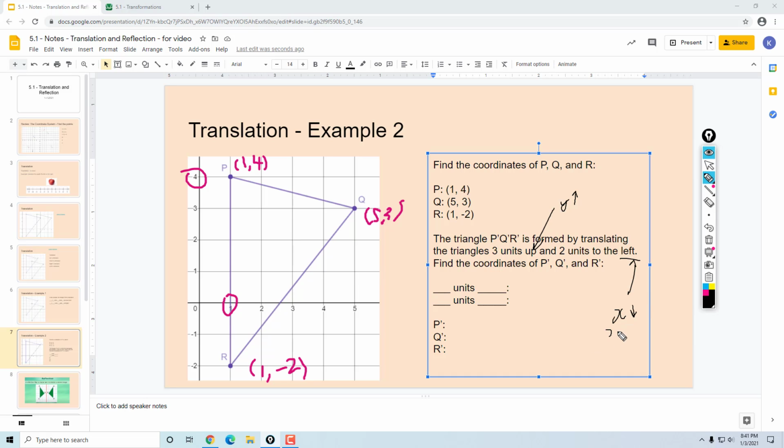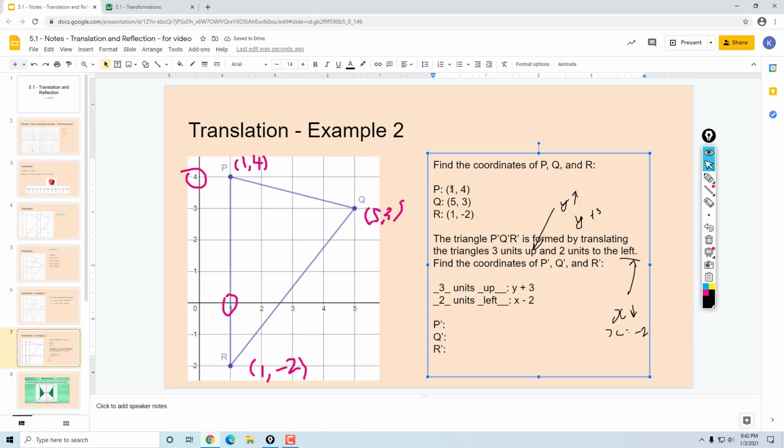So we know that x, we have to subtract by 2. Y, we have to go up by 3. So we have 3 units up, 2 units to the left. 3 units up means y increases by 3, x decreases by 2.